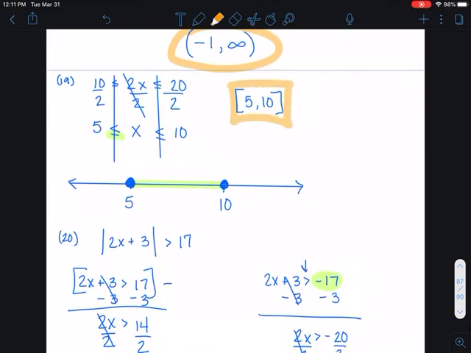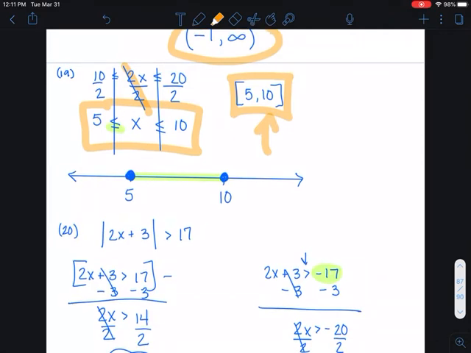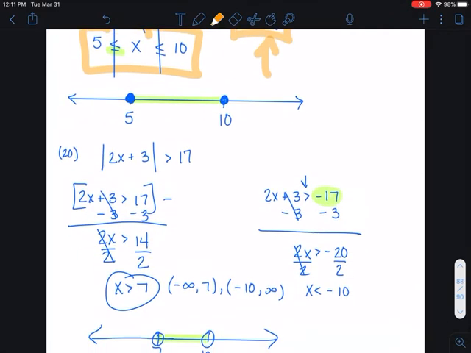Number 19, same thing. Solve for x. We divided everything by 2. So it gave us x is between 5 and 10, and it is both bounded. So we have, in brackets, 5 comma 10.